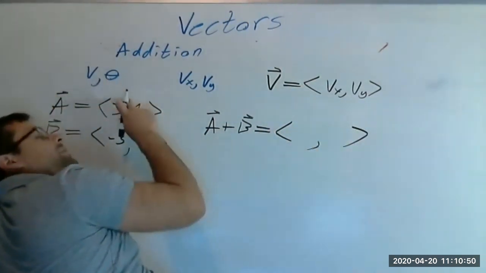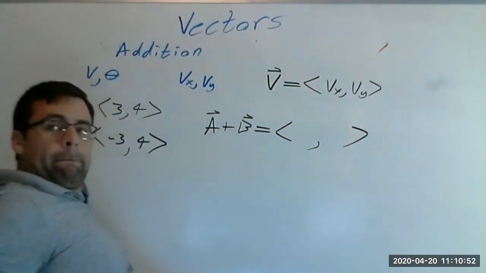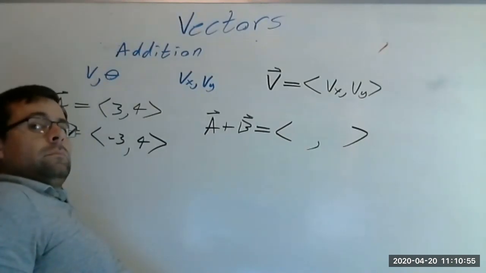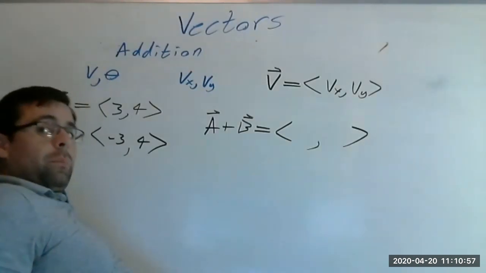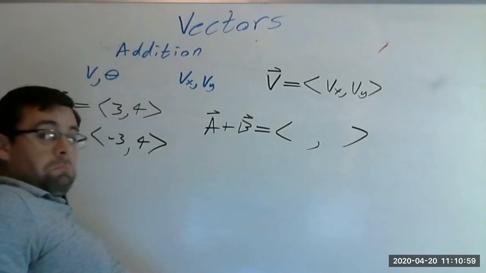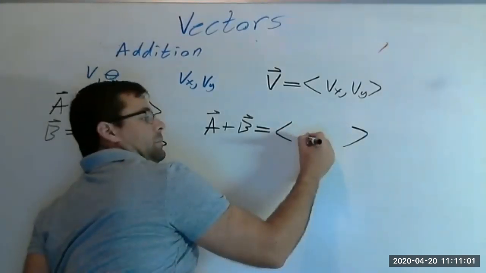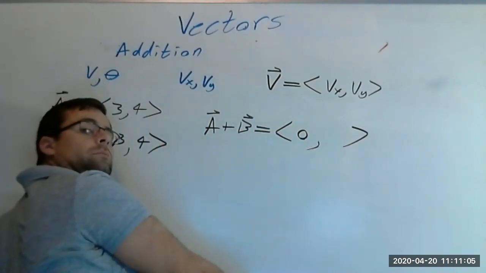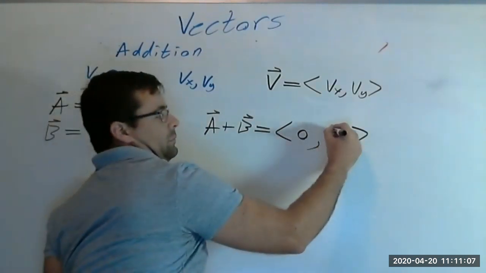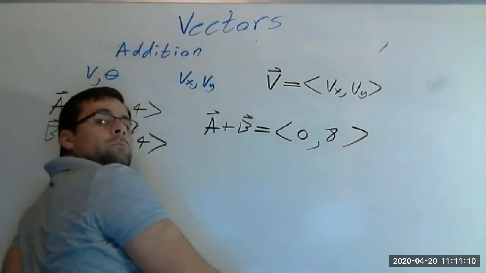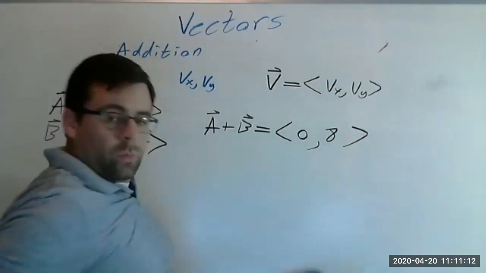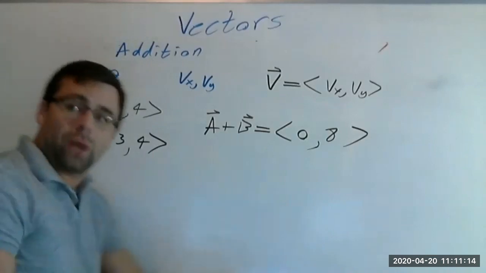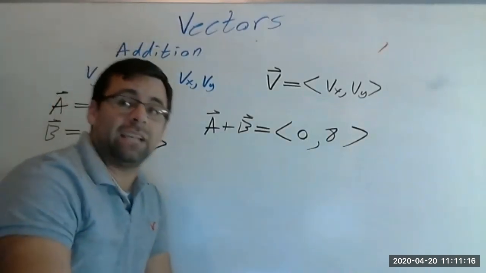Yeah, what is this plus this? 0. So 3 plus -3 is 0. What about 4 plus 4? 8. So when you add two vectors algebraically, you just add the components.